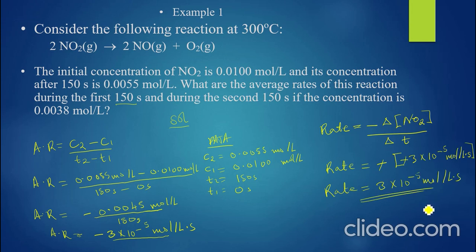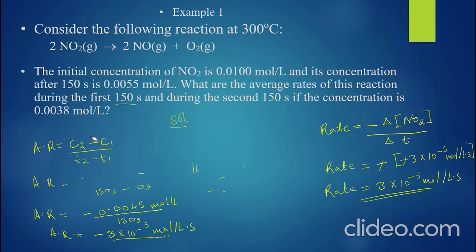Hope it's clear. And then let's do the other one so that you can understand fully. So let's do the other one. This is how you find the average rate, as simple as that.